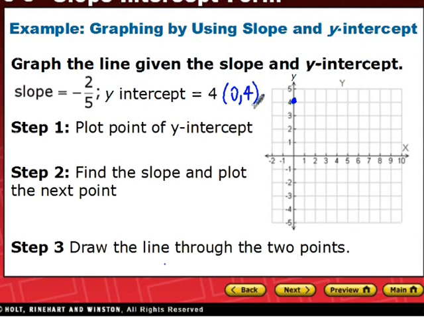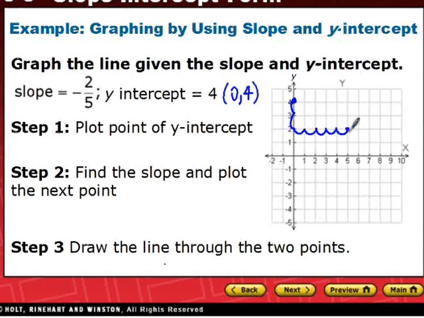Then our slope is -2/5. Now they didn't leave us a lot of options on this graph that came with the textbook, right? Because if I go up 2, I'm kind of off the edge. So let's go down 2 instead. There's a rise of -2, so we go down 1, down 2, and then right 5: 1, 2, 3, 4, 5.